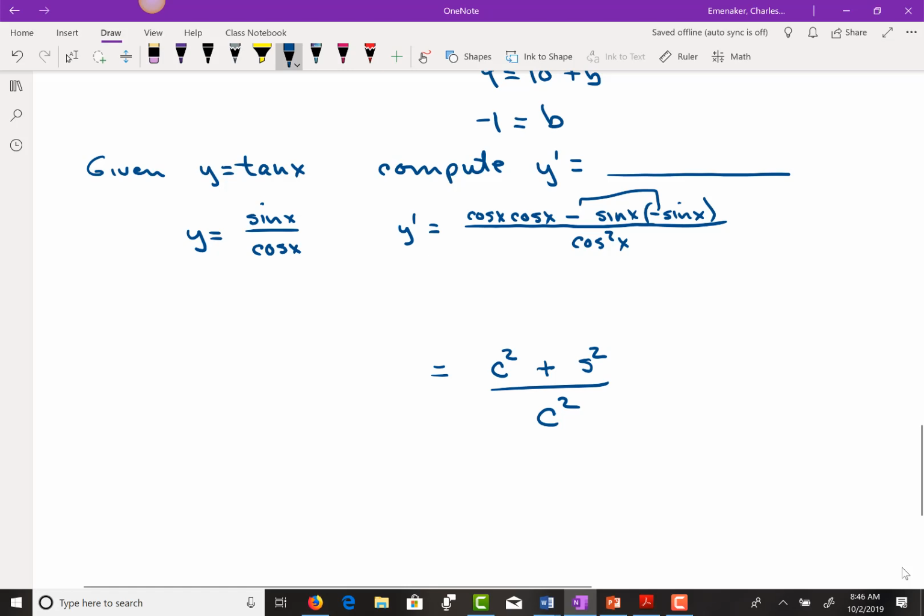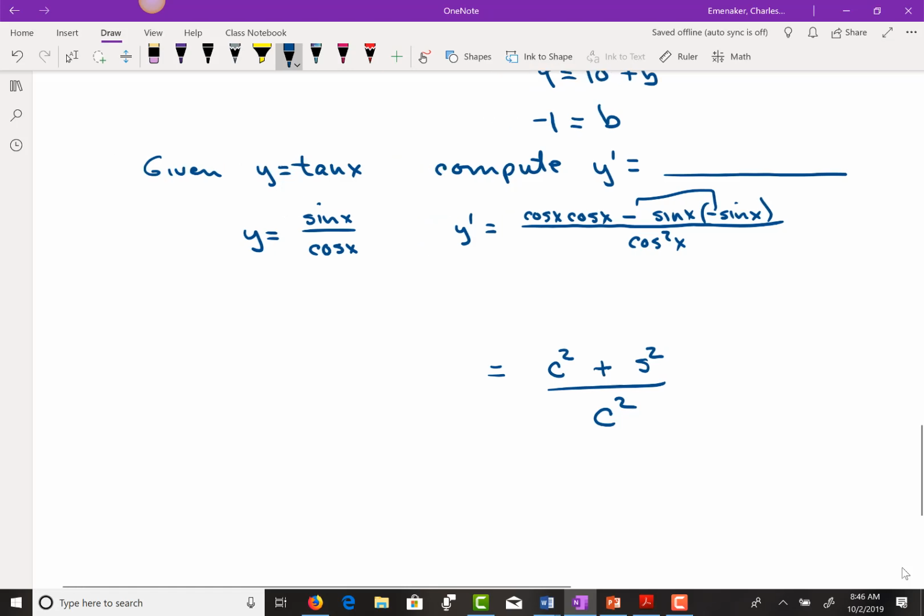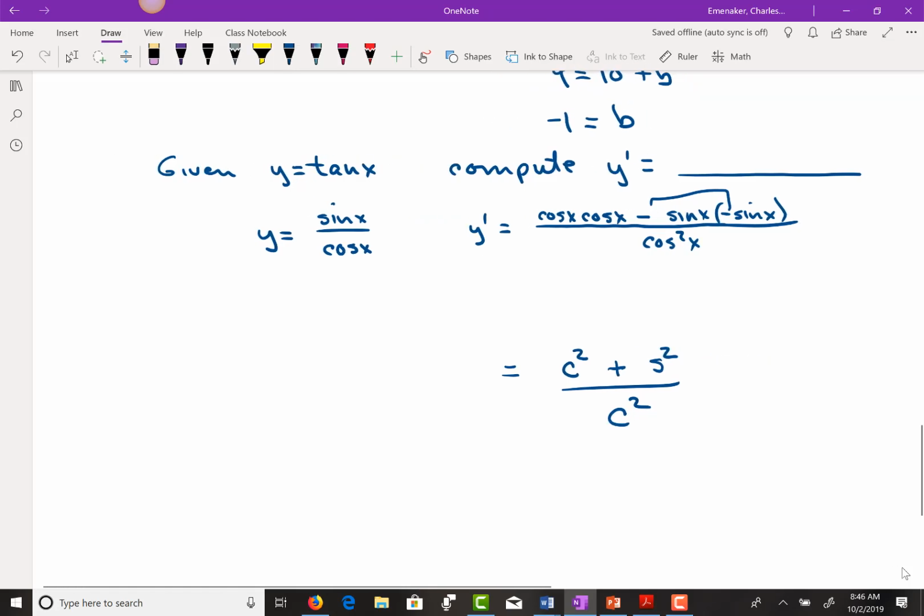Now, here's where the trick comes in from back in your trig days. Oh yeah, we're supposed to have some kind of trig coming in here. Recall, cosine squared plus sine squared equals what? 1. That's right.